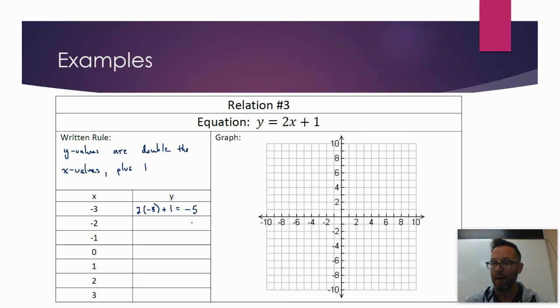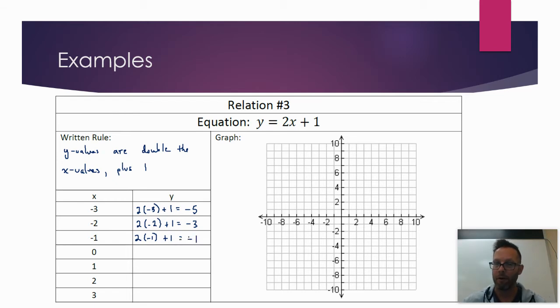If you can just use your calculator or mentally get -5, that's totally fine. I'll write out a couple of these just to make sure we're all comfortable. So double the x value, 2 times -2, and the rule says we add 1. -4 plus 1, that's -3. And maybe I'll show one more. 2 times -1 plus 1, that's -2 plus 1, that's -1.